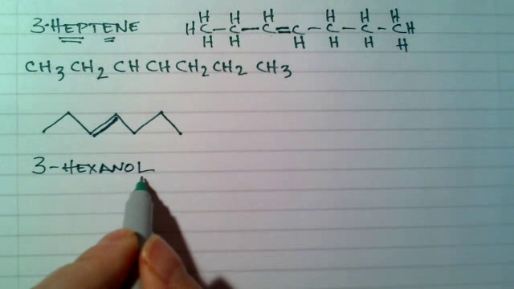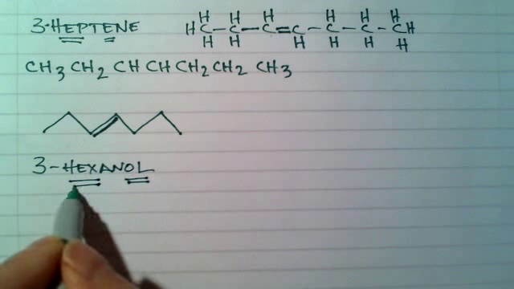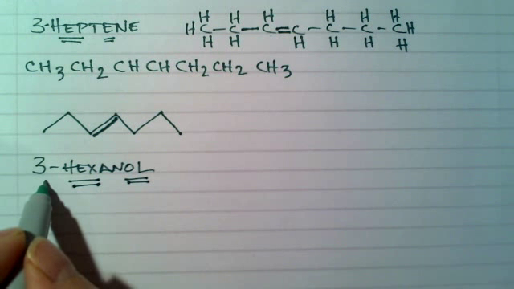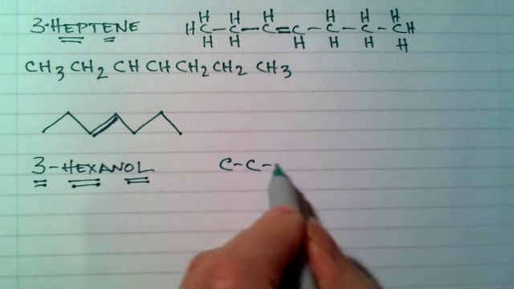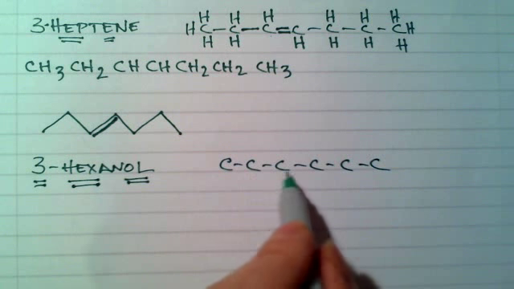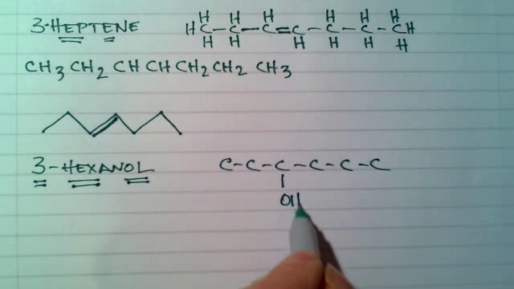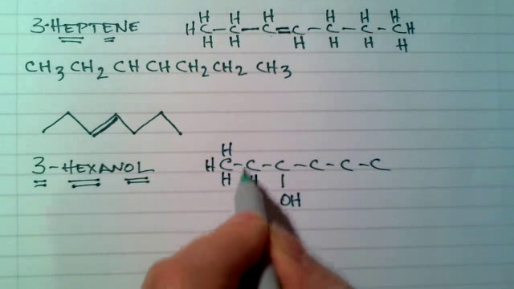So this class or type of compound is an alcohol. It is 6 carbons long, and the hydroxyl group is on carbon number 3. 1, 2, 3, 4, 5, 6. 1, 2, 3. OH, and then saturate.